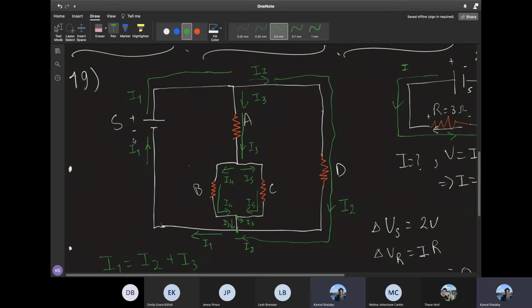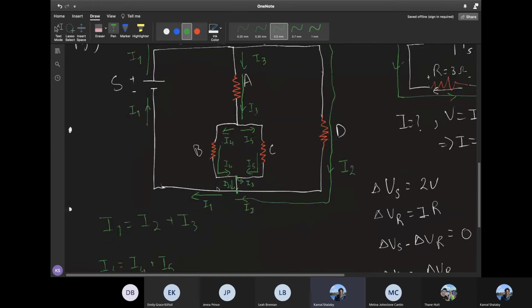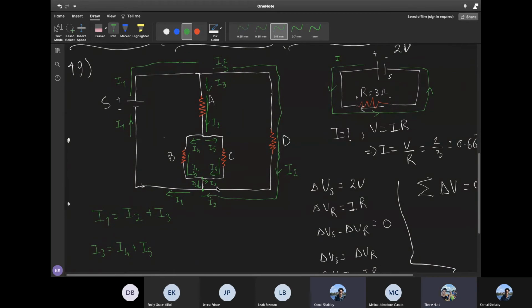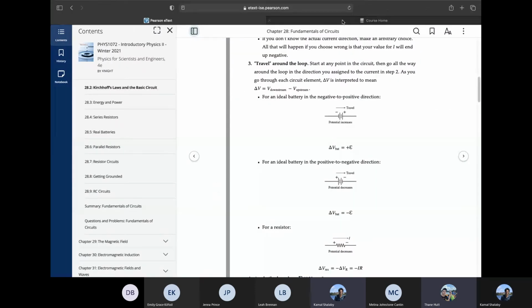Okay. Is that okay so far? Yeah, that seems fine, but how do we find the voltage if we don't have any idea what the resistor values are?